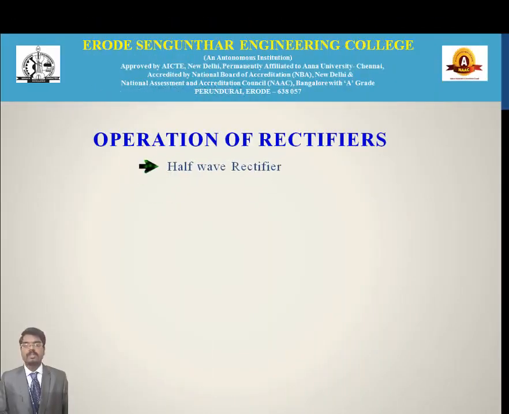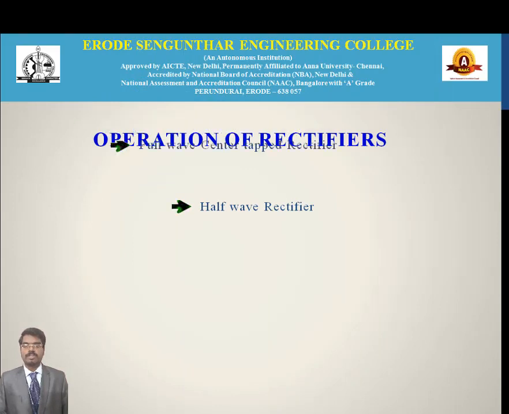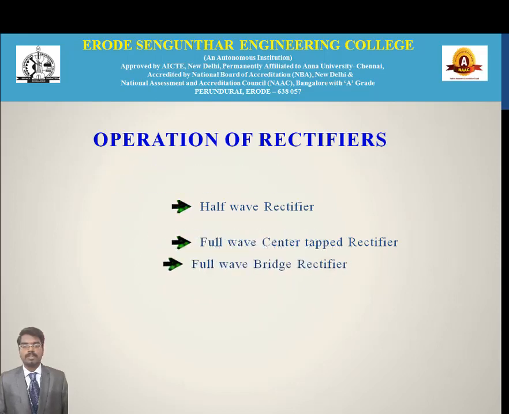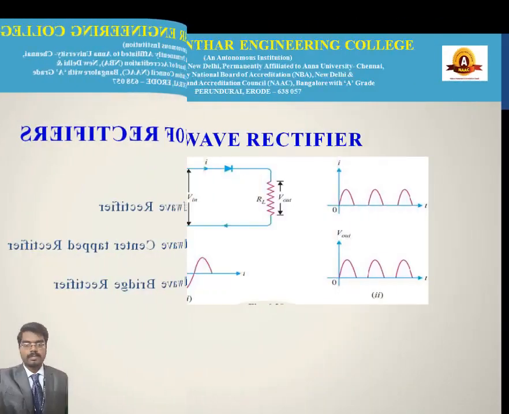Next, on coming to the operation of the rectifier, first we will look into the operation of the half-wave rectifier. Then we will go for the operation of the full-wave rectifier for both center tapped configuration as well as bridge configuration.